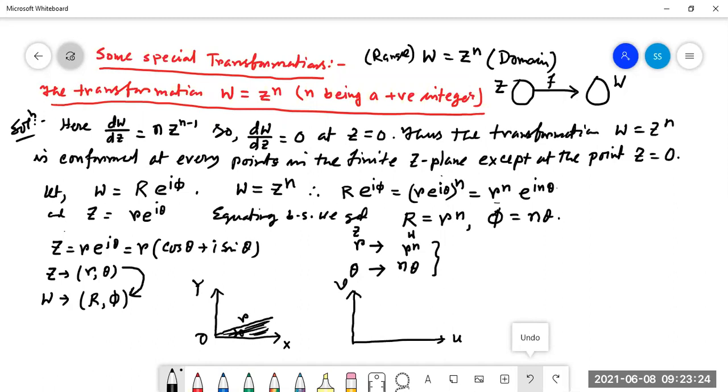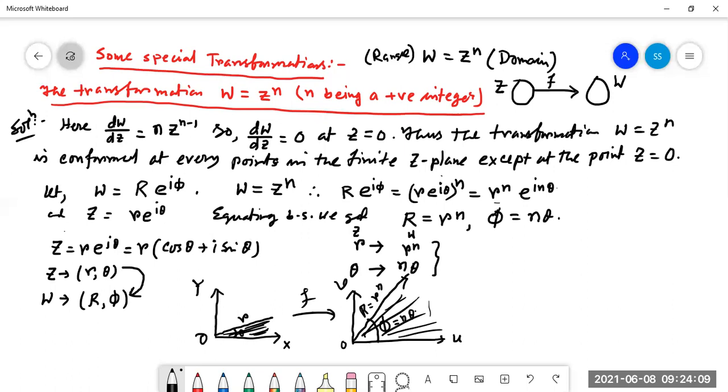After taking the transformation, this is the capital R, which is r to the power n, and this is the phi, which is n theta. So this total phase is n times enlarged of this, isn't it? Is this understood?